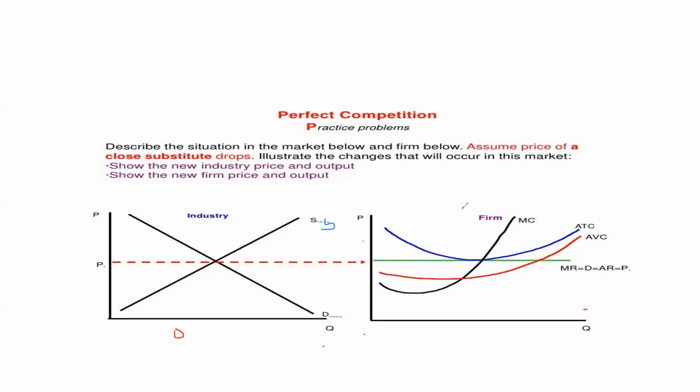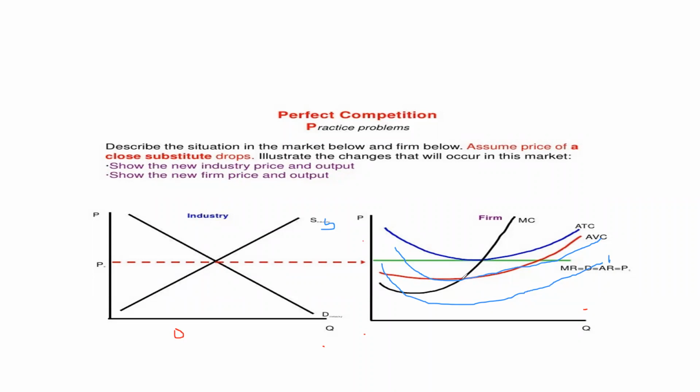A lump sum subsidy is going to shift ATC down and AVC. Both of them are going to go down. Okay. Now, does it change price and quantity? No. Does it change profits in the short run? Yes, in the short run.